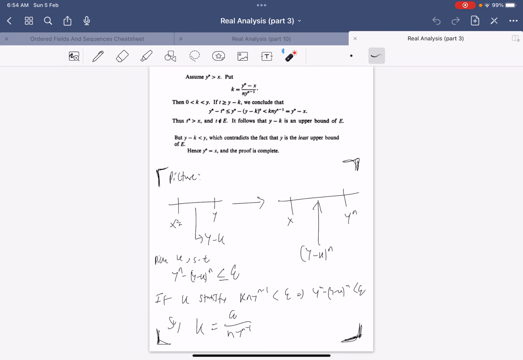And so we can see that this part is very simple to do because k is just less than epsilon over n times y to the power n minus 1. And unlike the previous case, in this case the y is not in terms of k. And so really we can just choose k to equal epsilon over n times y to the power n minus 1, and we're done.